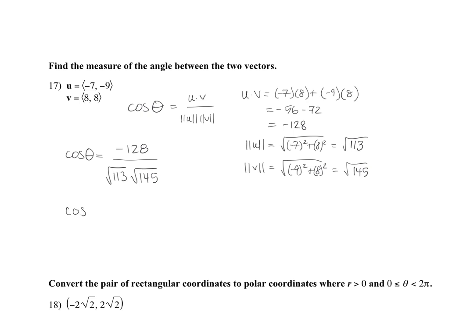Simplifying that, this is -0.99969, pretty close to -1. You do the inverse cosine on both sides of that, you get 172.87 degrees.